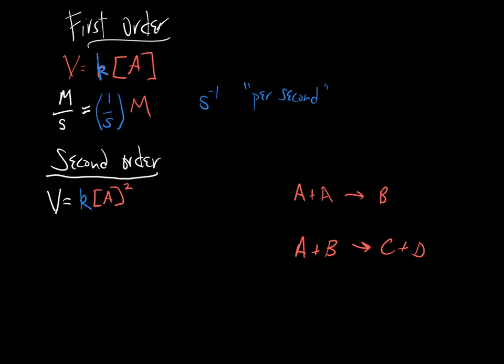All right. So the second order one is V, and once again, every rate law, the rate is equal to, what comes next? k. But in this instance, V is equal to k times, what do we put down here for the concentration or concentrations?